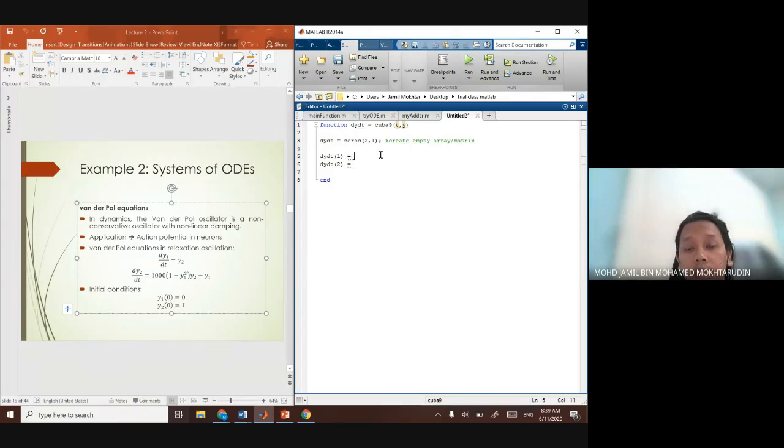So you simply write dy/dt bracket 1 to represent the first equation, and what you need to write is y bracket 2.